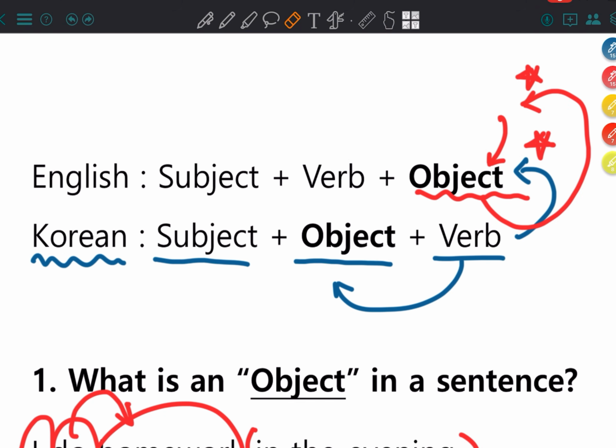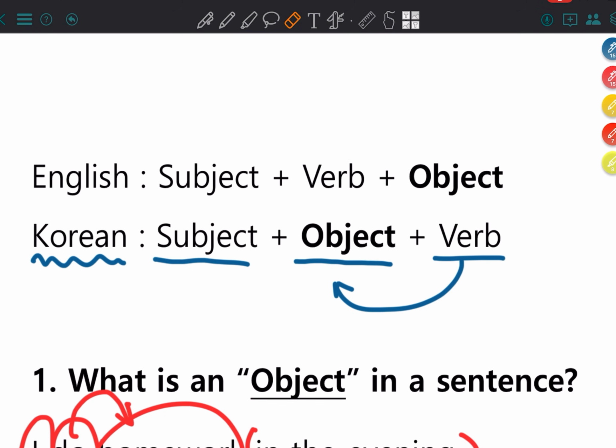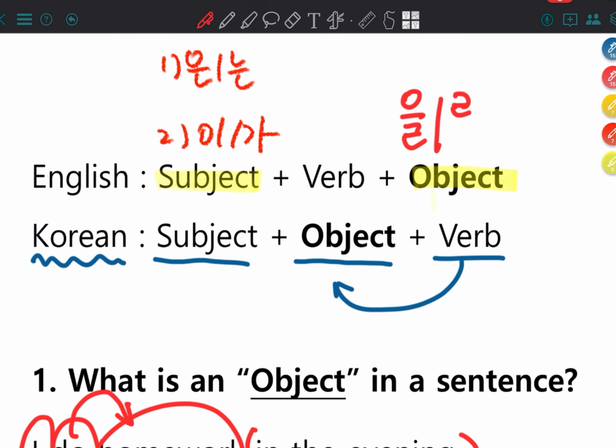And just like we mark the subject with the subject marking particle, right? 은는 and 이가, like we learned in the last lesson, we can also do the same with the object marking particle. And the object marking particle consists of 을 or 를 to mark the object in a sentence.